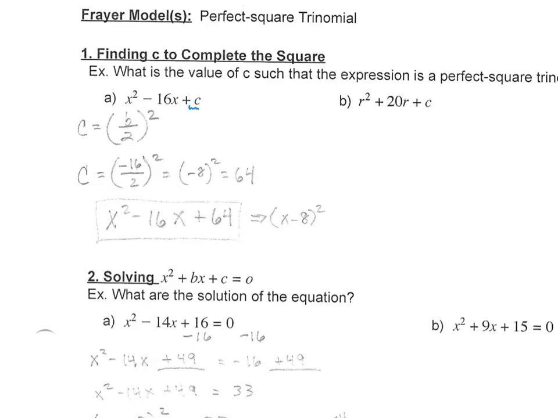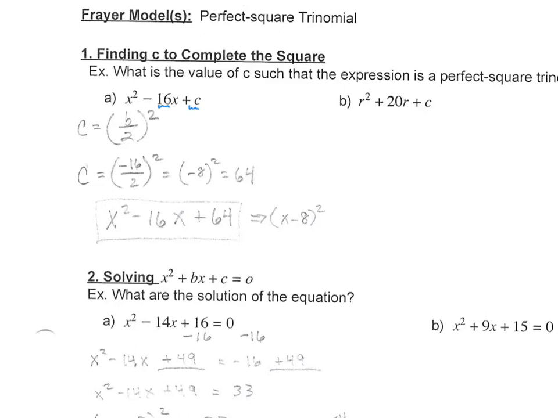In order to find c, we take b, divide it in half, and then square it. So I would have negative 16. Half of negative 16 is negative 8, and then negative 8 squared gives me 64. So c would have to be 64 in order to have a perfect square trinomial.